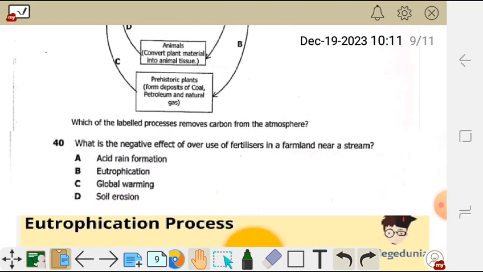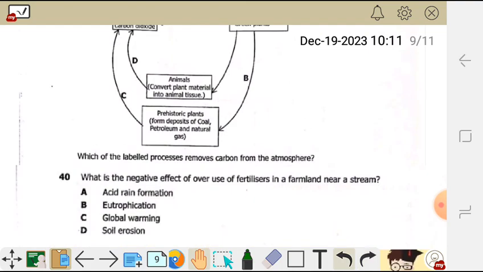Question 40 reads, what is the negative effect of overuse of fertilizer in a farmland near a stream? So we have a farmland which is near a stream.